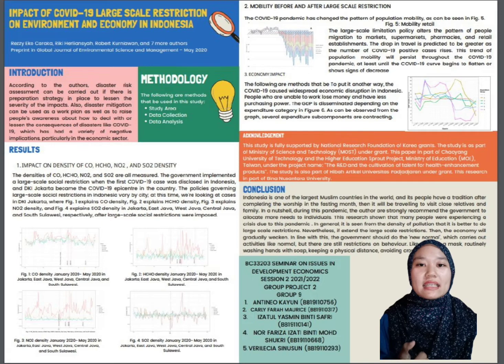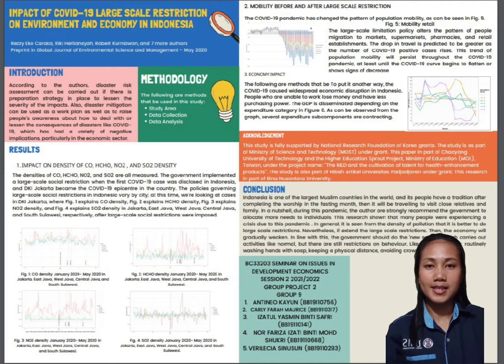Figures 1 to 4 show CO, HCHO, NO2, and SO2 density from January until May 2020 in Jakarta and other places in Indonesia. Green space can only create a limited amount of oxygen, causing polluting gases to be poorly absorbed. The finding also showed that the density of SO2 does not change significantly.